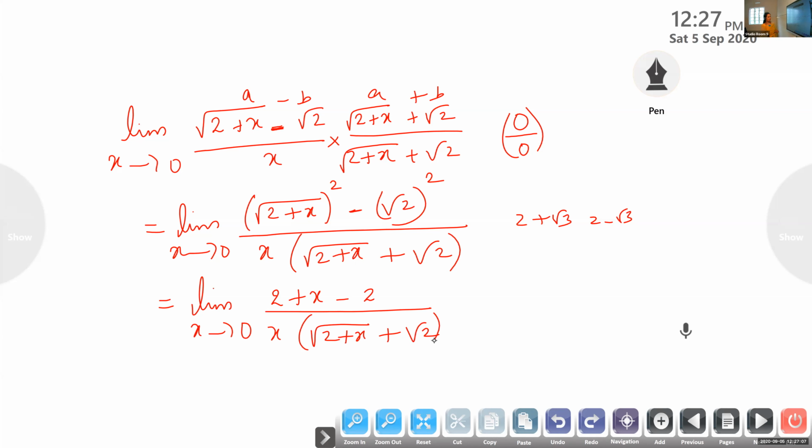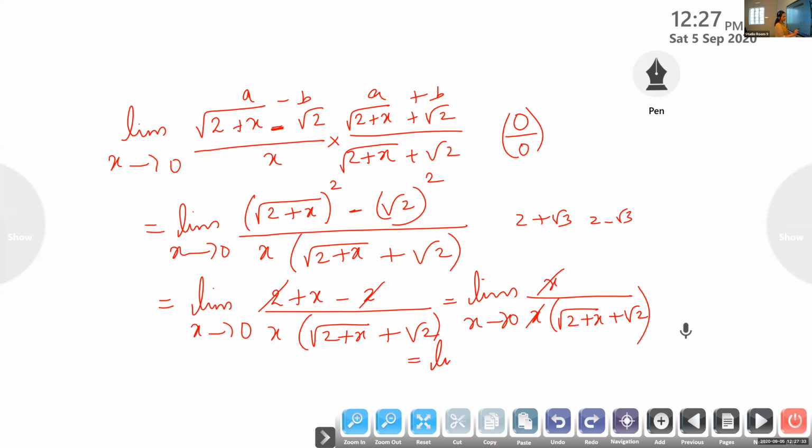Now what is the next step? Plus 2 minus 2 will get cancelled. So limit x tending to 0, x by x into root of 2 plus x plus root 2. Now x will get cancelled.